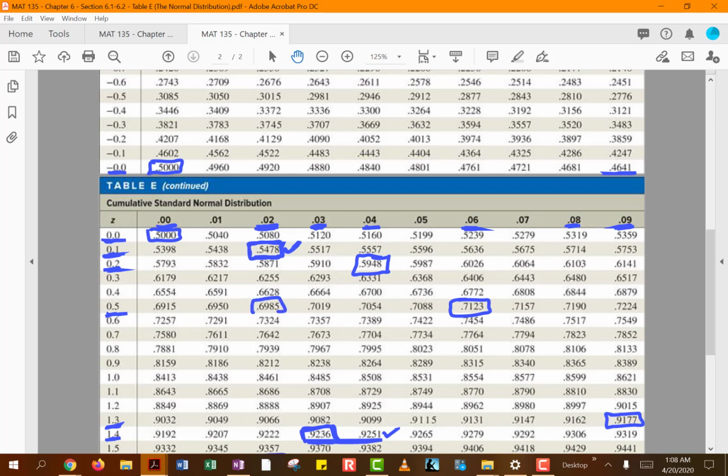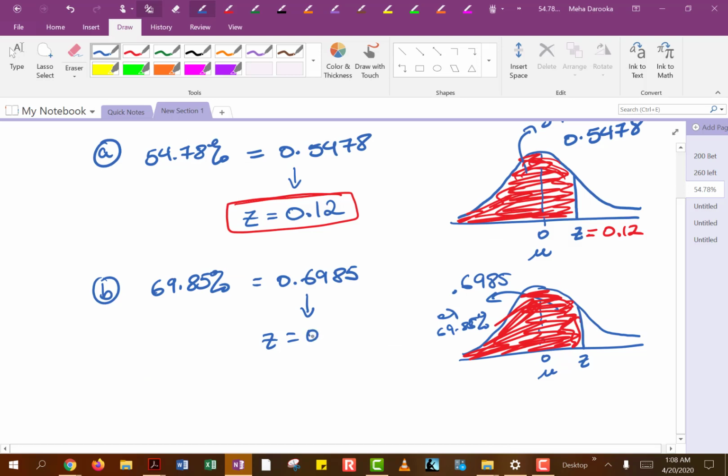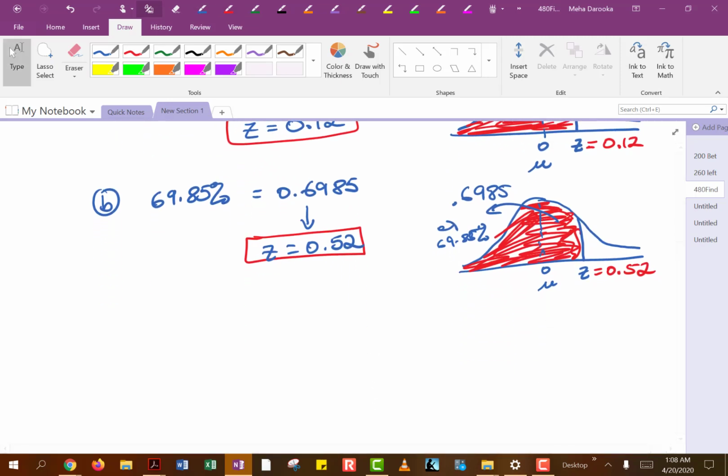So it looks like we again found the exact value for 0.6985, and that is corresponding to 0.52. Okay, so again we found an exact area for our 6985, so that's a z-score of 0.52. Alright, so far so good.